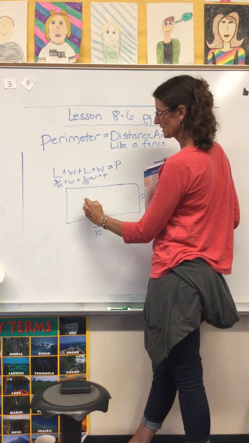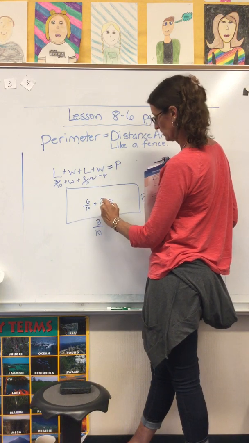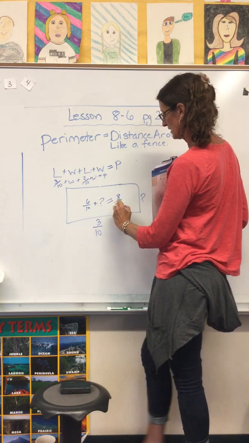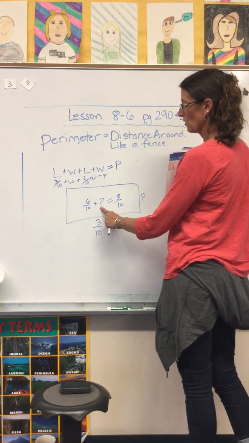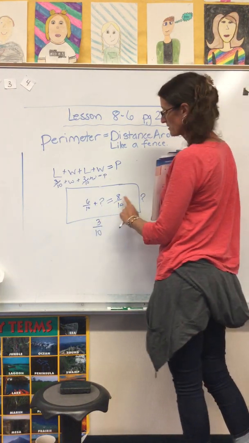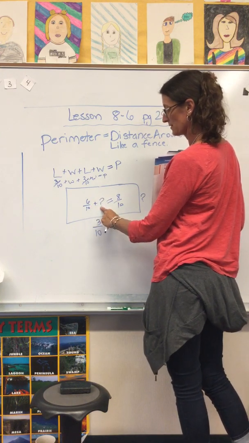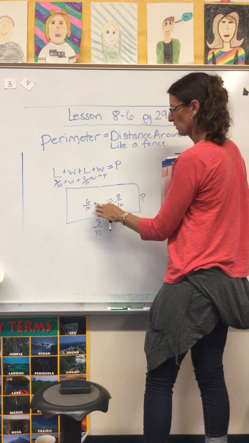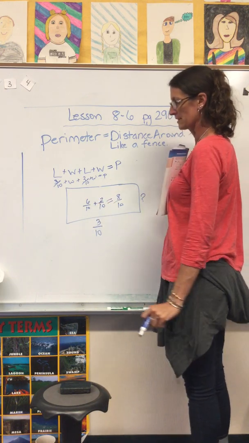So I know 6/10 plus what equals that 8/10 of my perimeter. Okay, so hopefully you can notice the family of facts. 8/10 minus 6/10 is 2/10, right? So here I know that it's 2/10.